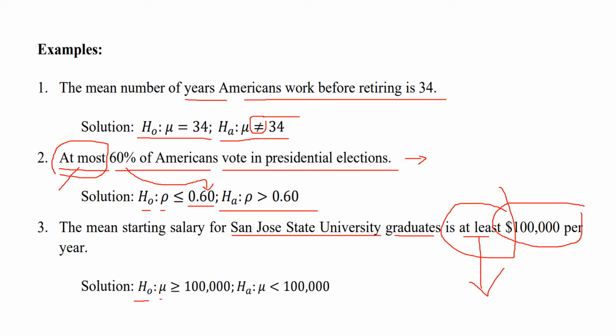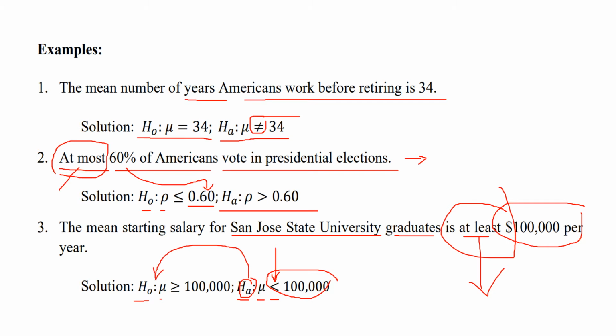100,000. Now, since a while ago we said that your HA is totally opposite of your null hypothesis, we simply assume that your population mean now is less than 100,000. That's why we use this less than, because your alternative hypothesis here is totally opposite of your null hypothesis.